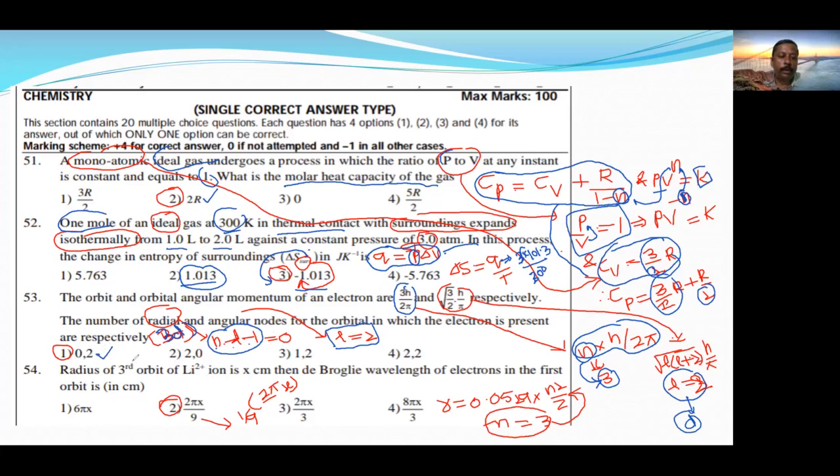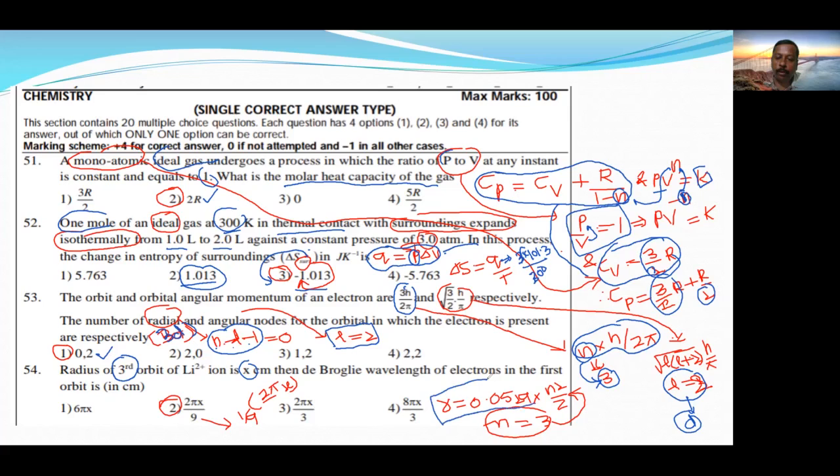Okay. A very interesting and very tricky question, but I am explaining with a short trick. Understood? The radius of the third orbit of Li2+ is x centimeter. First of all, you should know the formula of the radius.